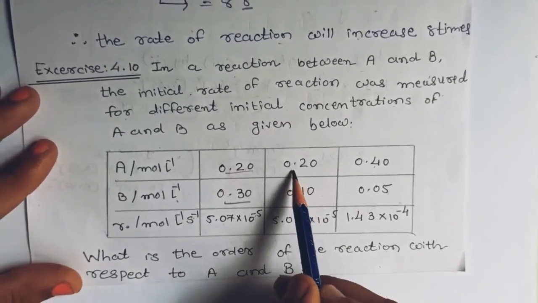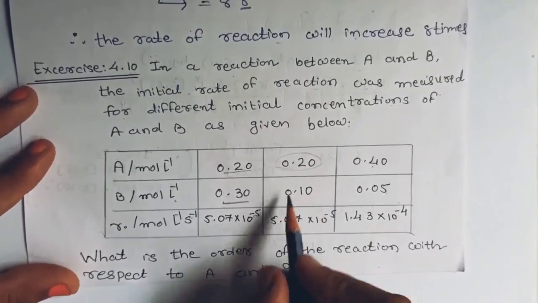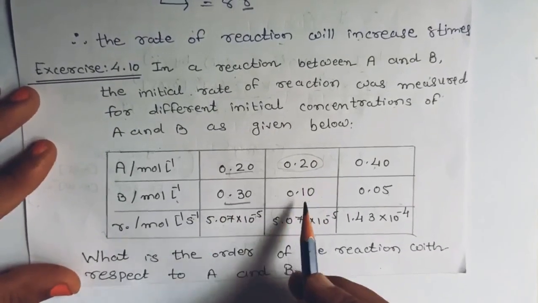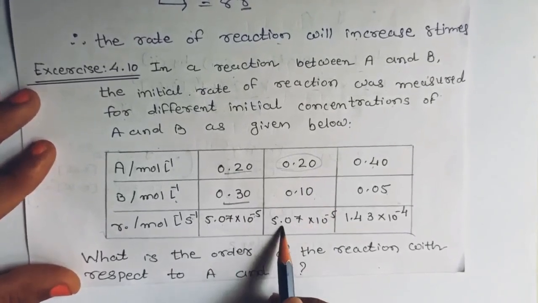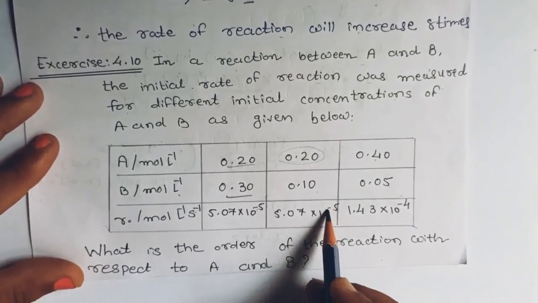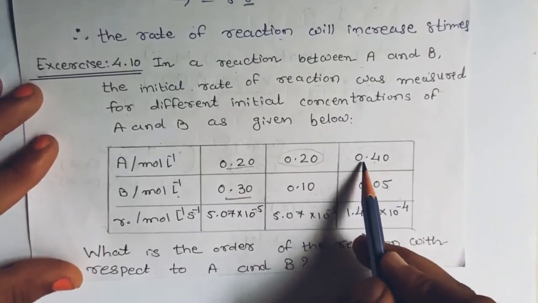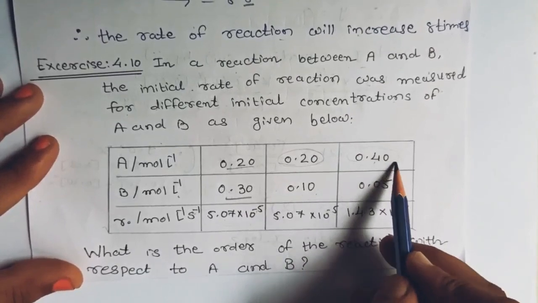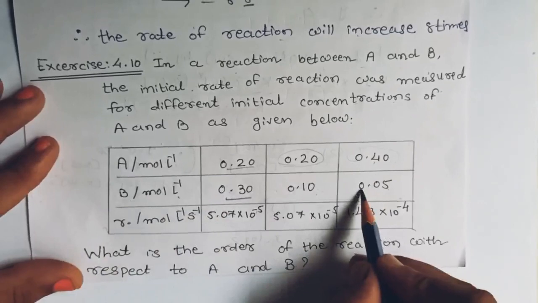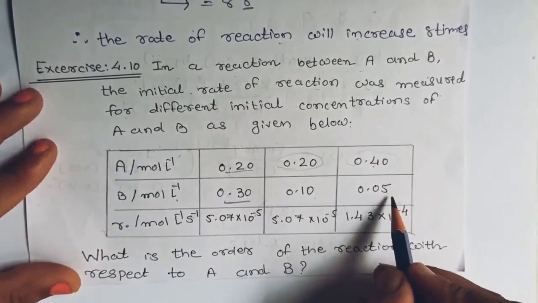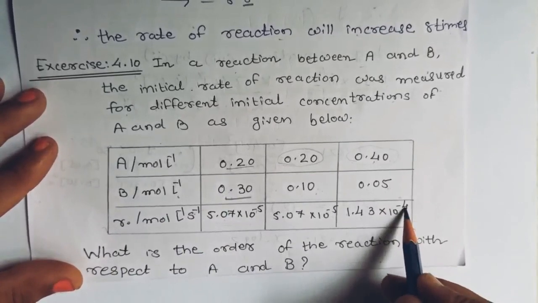Second, when we take the concentration of A as 0.20 and decrease the concentration of B to 0.10, the rate will be 5.07 into 10 to the power minus 5. When we increase the concentration of A to 0.40 and decrease the concentration of B to 0.05, the rate will be 1.43 into 10 to the power minus 4.